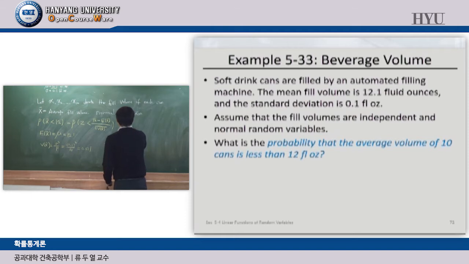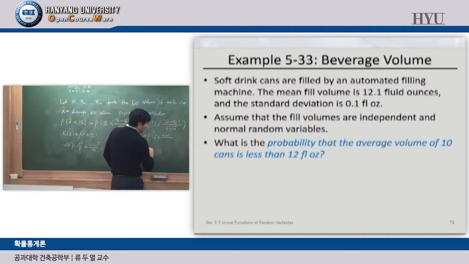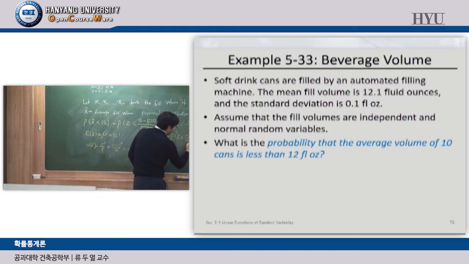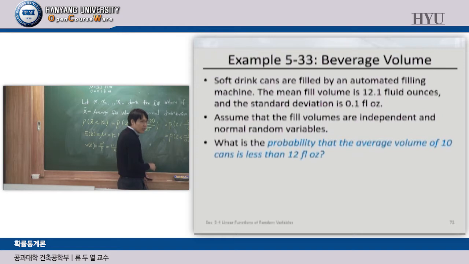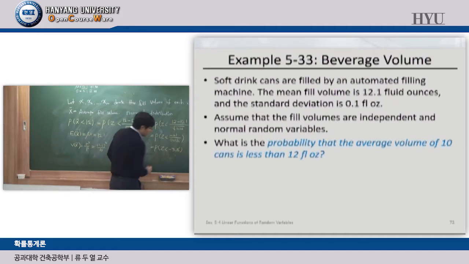So this is equal to the probability of z when z is smaller than 12 minus 12.1 over root 0.001. And this is equal to the probability of z smaller than minus 0.1 over 0.0316. And this is equal to the probability of z smaller than minus 3.16.